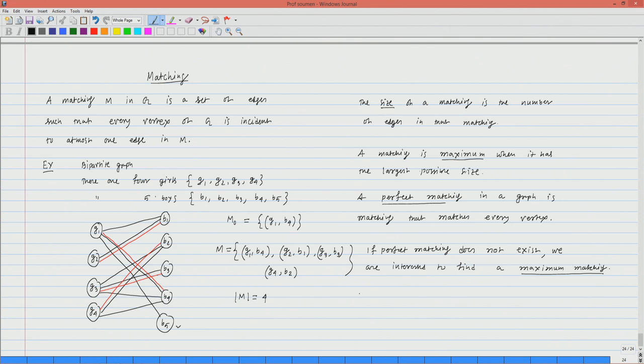Okay. Next, we learn a few definitions. One is called alternating path and augmenting path. So, let M be an arbitrary matching.